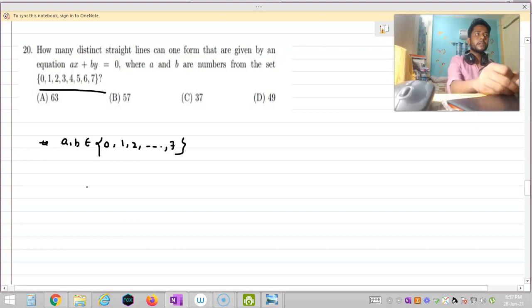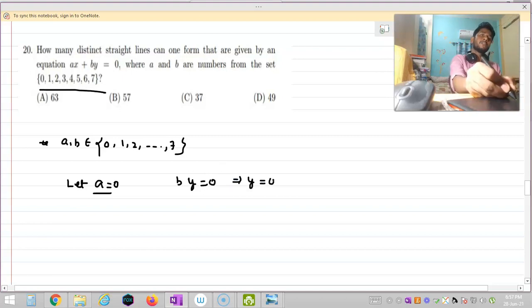So now let a equal to 0. If a equal to 0, then by equal to 0 for any non-zero b lying from 1 to 7 implies y equal to 0, so there exists only one equation with a equal to 0, and similarly if b equal to 0, we will get only one equation.